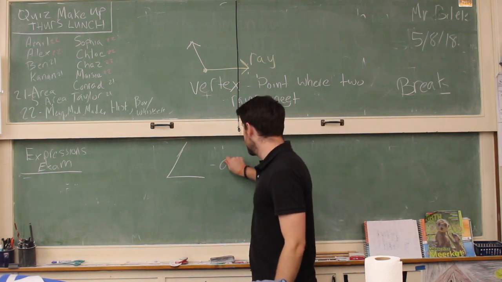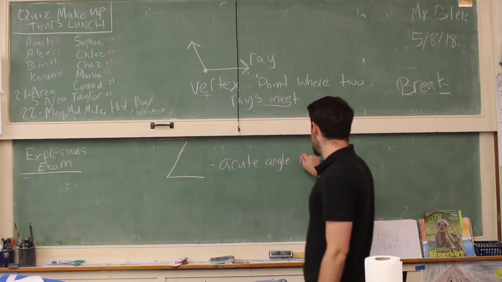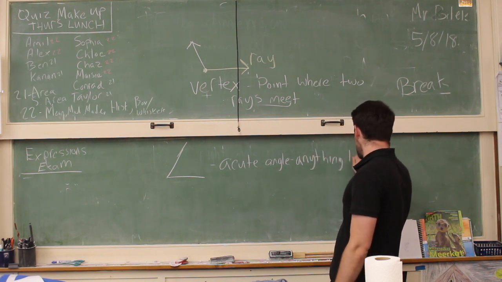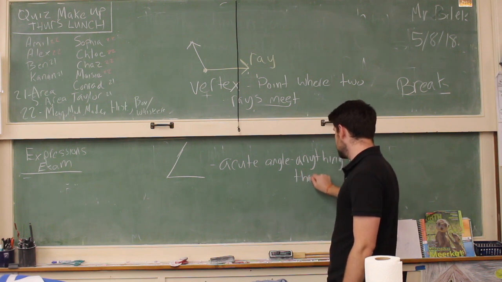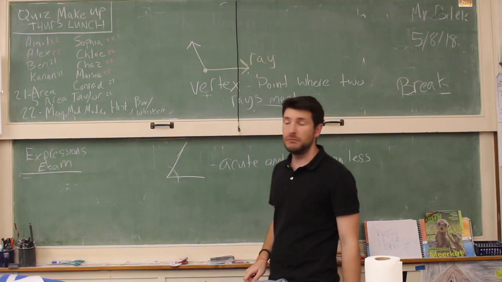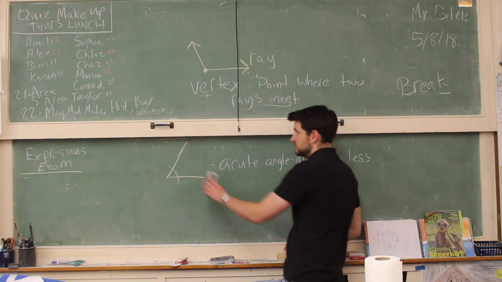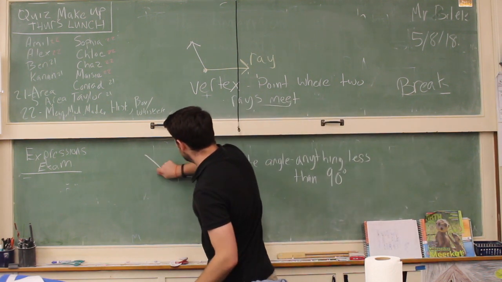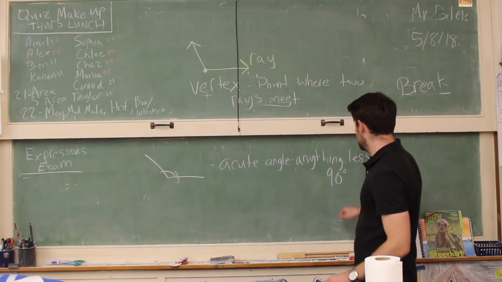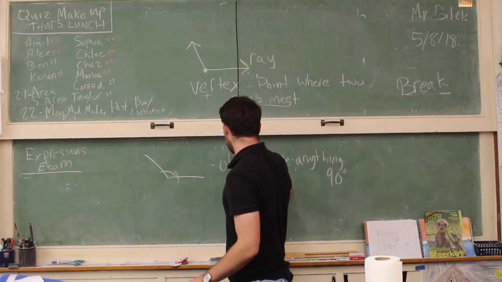So we're going to write here an acute angle, and an acute angle is anything less than 90 degrees. And again, many of you have seen these before. That's an acute angle. We also have the opposite. If it is more than 90 degrees, it's no longer an acute angle, but an obtuse angle.